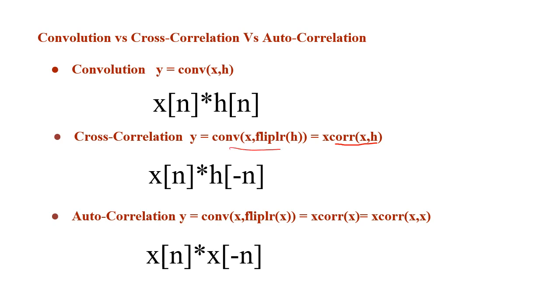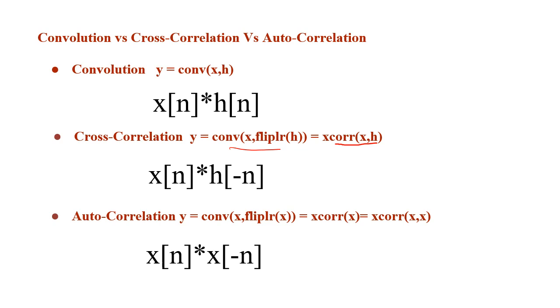The last concept we're introducing today is autocorrelation, and it is defined as the similarity between a signal and a delayed version of it. It is also defined as the cross-correlation of a signal with itself.